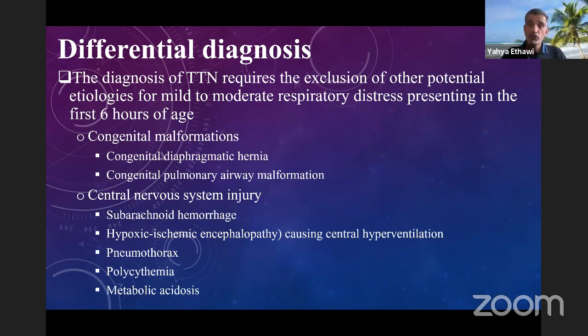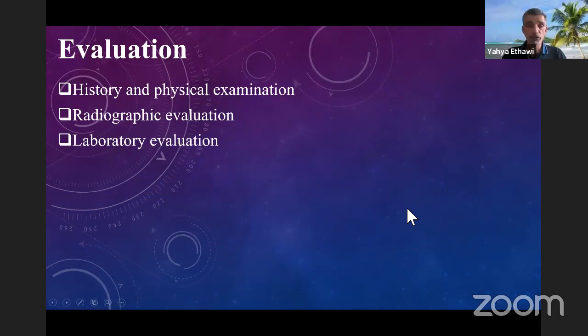Congenital malformations such as diaphragmatic hernia, pulmonary airway malformations, central nervous system problems such as hemorrhage or asphyxia, pneumothorax, polycythemia, metabolic disorders, and others.